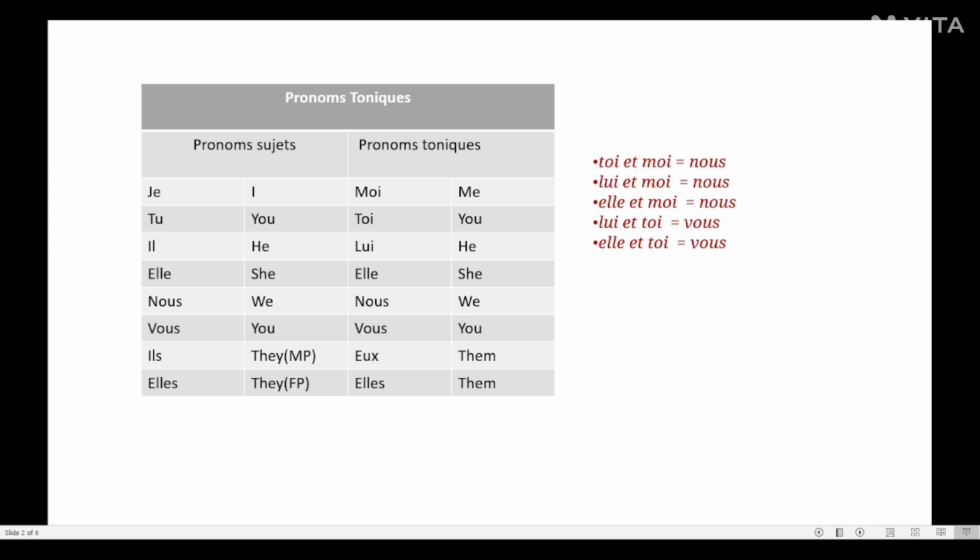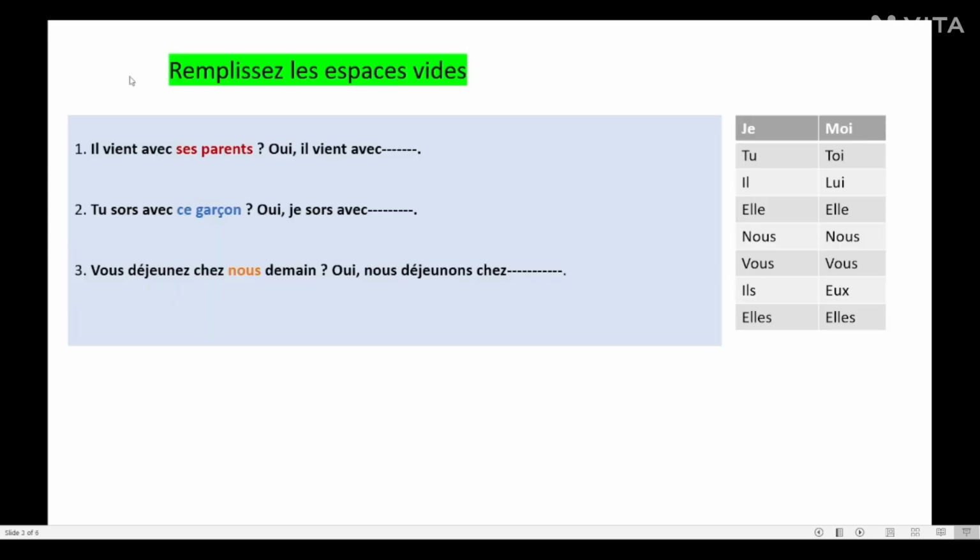Okay. Now let us see some examples. Remplissez l'espace vide means fill in the blanks. First example: Il vient avec ses parents, meaning he is coming with his parents. Here we have to replace this noun, ses parents, his parents, with a pronom tonique.